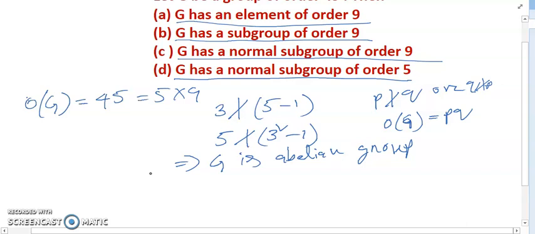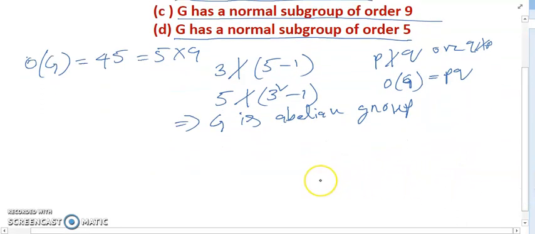Also every divisor of the order. So G is abelian group and all the subgroups of G are normal because every subgroup of an abelian group is a normal subgroup.